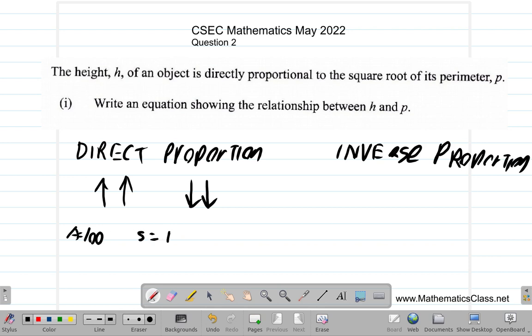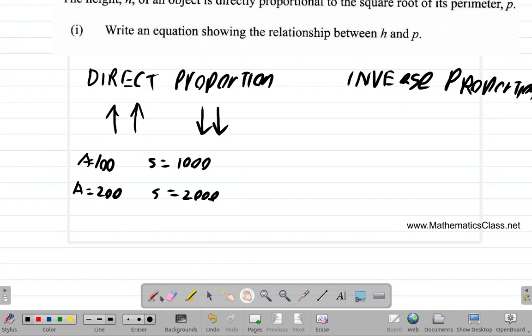Sales is $1,000. Suppose, for argument's sake, you find that you double your advertising to $200 and your sales increase to $2,000. Then they are directly proportional. Alright? And when you increase your advertising to $300, your sales increase to $3,000.